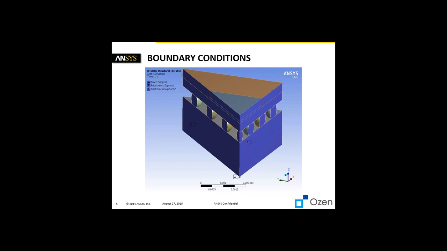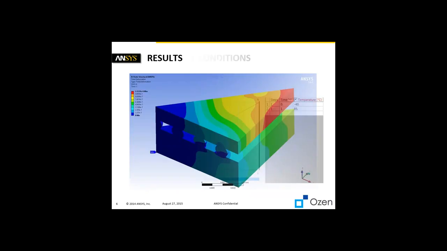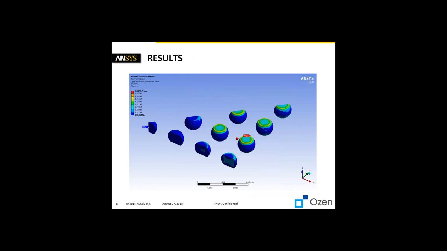Then you specify a thermal condition. You bring up the temperature from -40 to 85 degrees, and you want to look at the stress distribution in the solder joints. You get some results that look like this. This is the displacement solution, and these are the stresses in the balls.